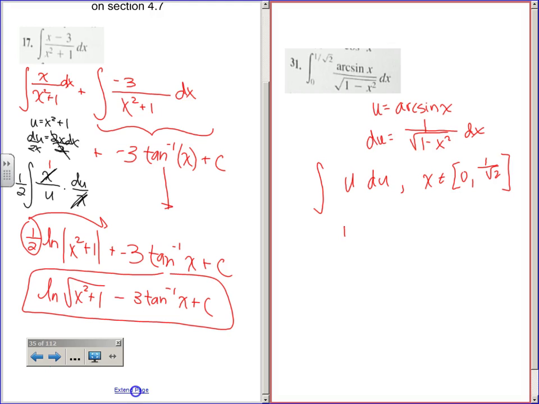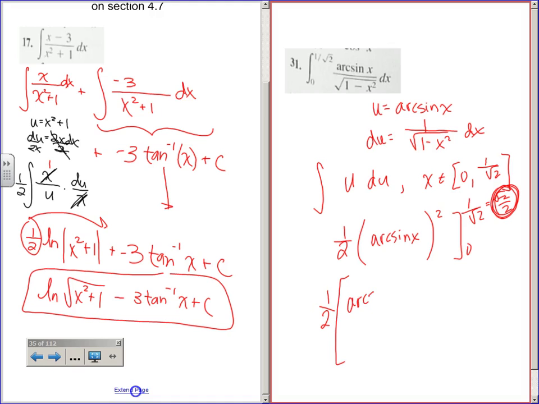Isn't that just 1/2 u squared? And who is u? And aren't I doing it from x bounds of... If you don't like this one, can't you rationalize it and see what other form it takes? So it's going to be 1/2 times arc sine of square root of 2 over 2 squared minus arc sine of 0 squared.